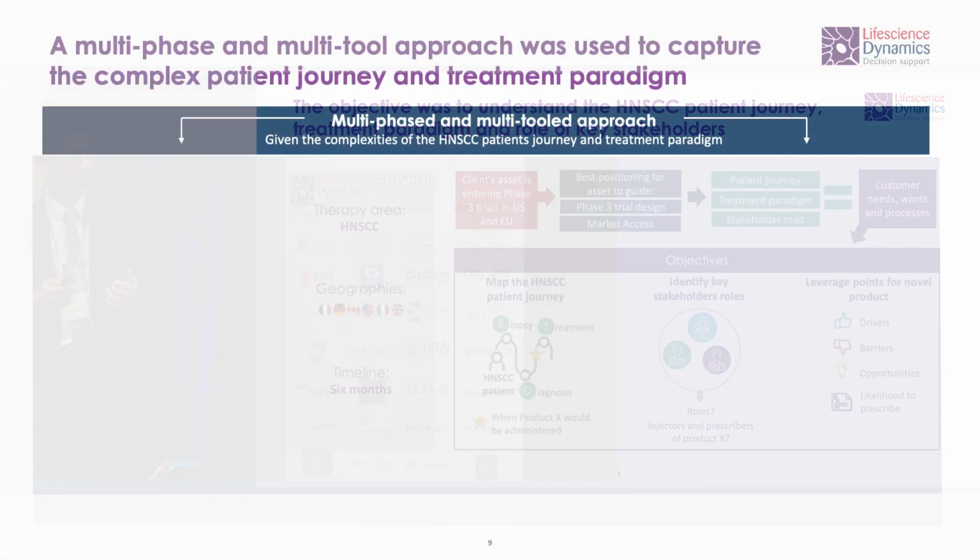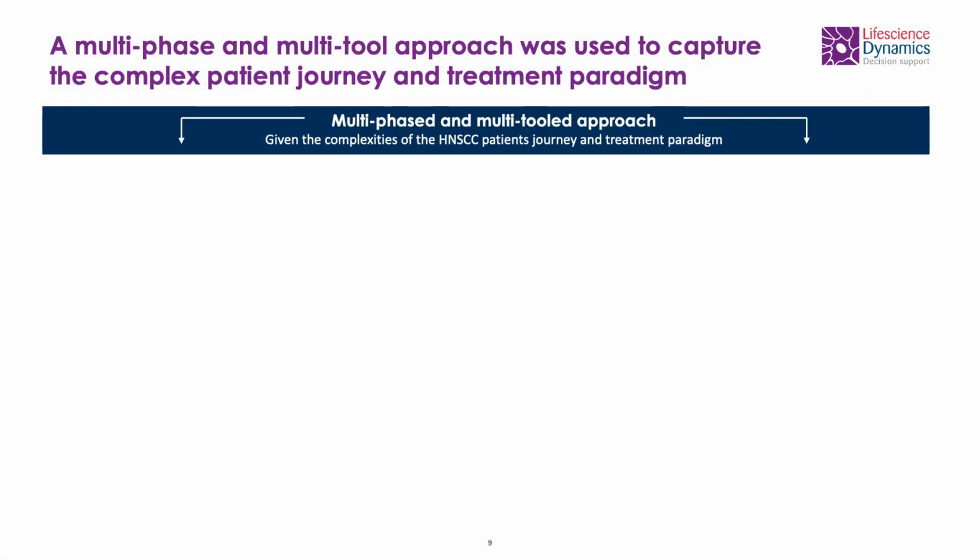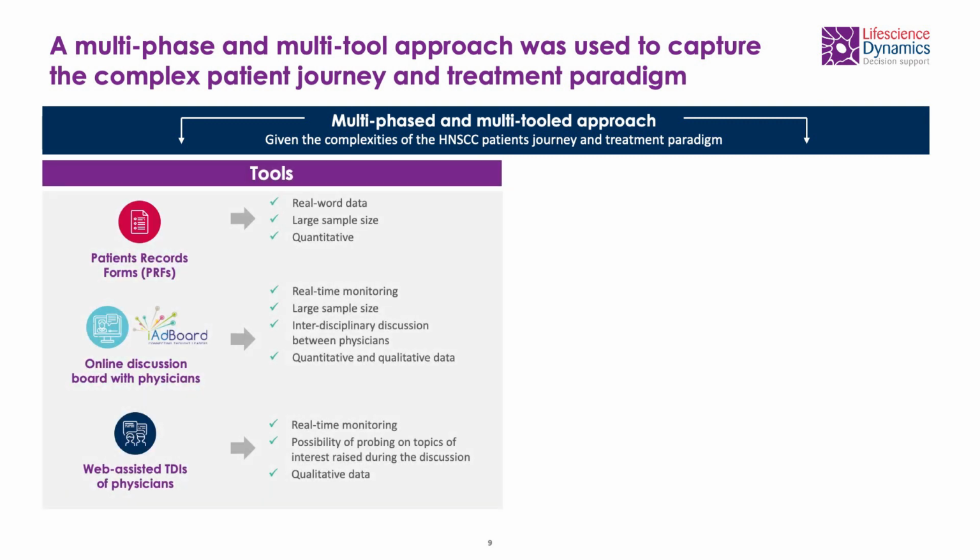So the way we approach this in a multi-phased way and using multiple different tools is that we combined the power of three different methodologies. One was patient record forms that provide real-world data from a large pool of patients. Then we have the online discussion board with physicians, which was really key in trying to understand the interdisciplinary play between different specialties that treat this disease.